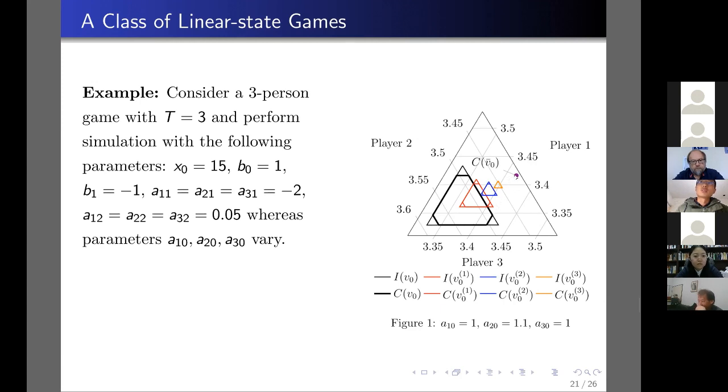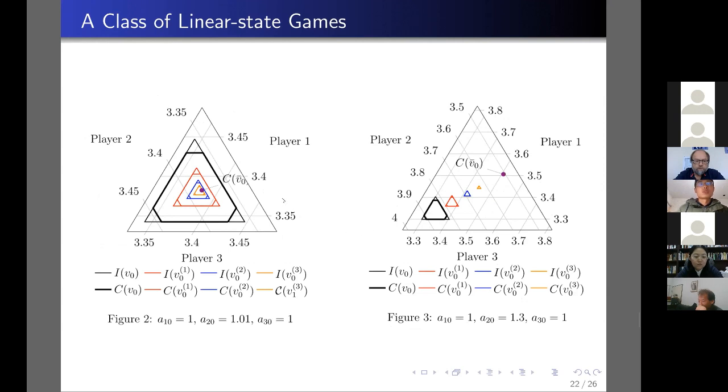And the limit core, which is pointed out here, is also out of the initial core. But in Figure 2, you will see that the initial core contains the modified cores, and the limit core is included in the initial core.